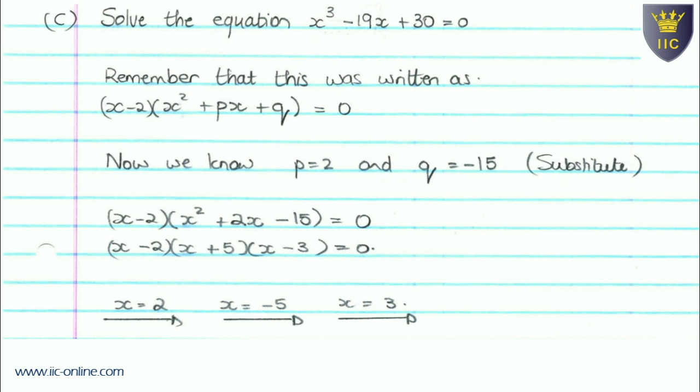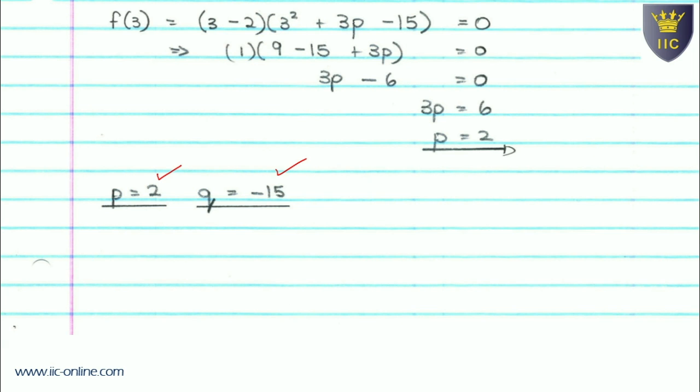Now we know that p is equal to 2 and q is equal to minus 15. We know that from the previous sum from b. Remember, p was 2 and q was minus 15.